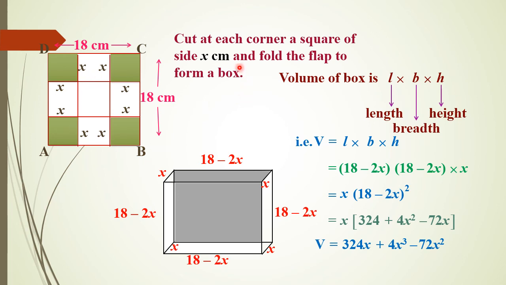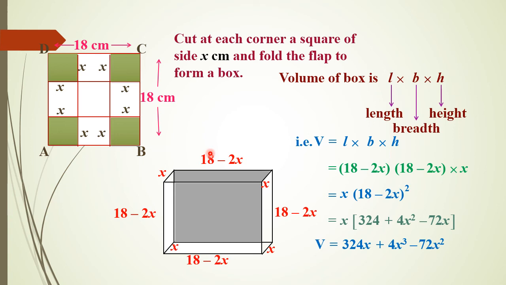Next, when we cut the corners and fold it, one side is called x, the second side is also x. x plus x is how much? 2x. When you subtract 2x from 18, you get the exact sides of the square box.